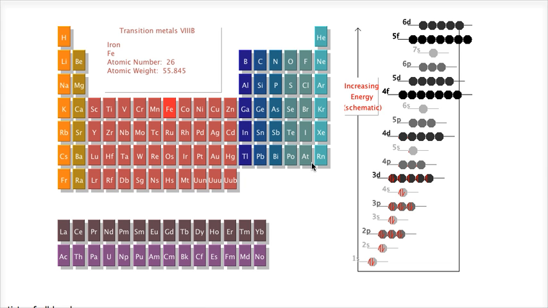Iron has a 4th energy level, 4s2, but because it's in this D block, you also count the last d electrons, because these d electrons are actually the highest energy electrons it has. So this would have 1, 2, 3, 4, 5, 6, 7, 8 valence electrons.